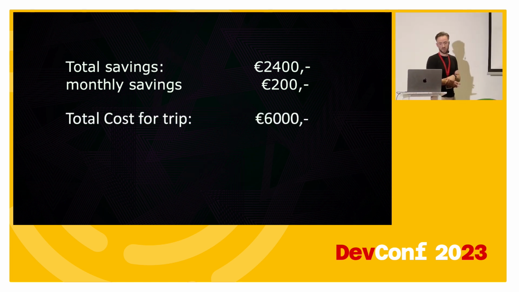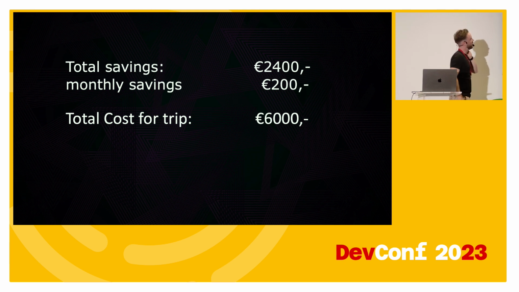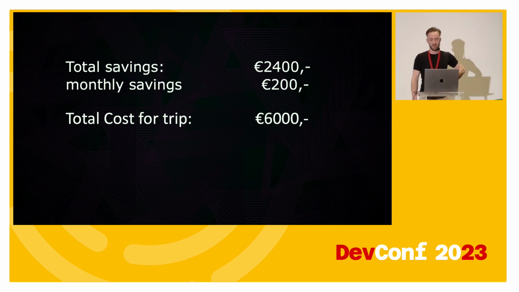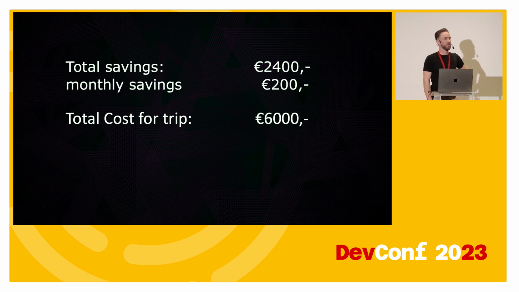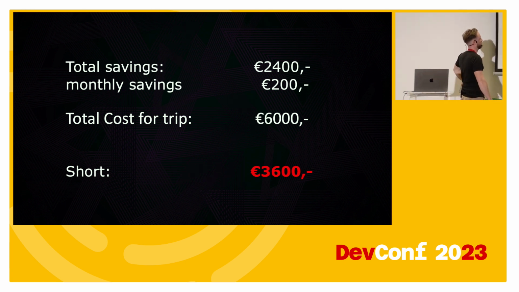And the total cost of this trip could be 6,000. Now, I have 2 children since that time, so it will probably now be double. But let's just, for argument's sake, say this is a 6,000 euro trip. Now, I'm a little short, as you can see. I can't afford this right now. I need another 3,600 euros, okay?